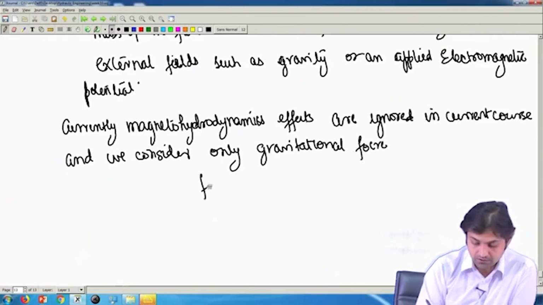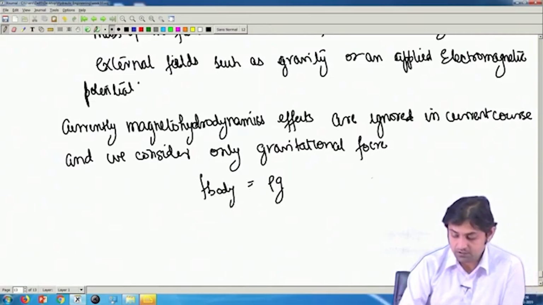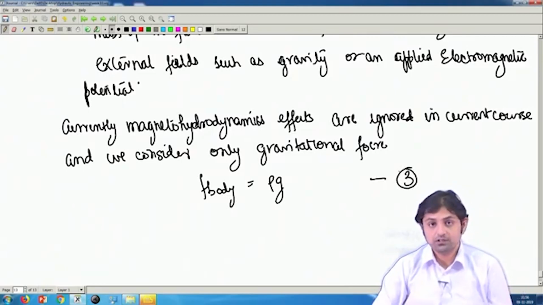So F body is written as rho g, and this we call equation number 3.